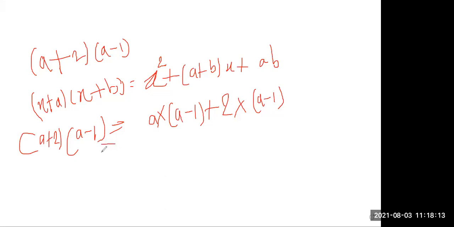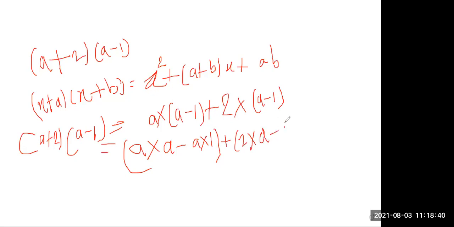Then write it singly. Take a into a, then the minus sign, a into 1. This is the first bracket's multiplication completed. Then plus 2 into the second bracket: 2 into a, and the minus sign as it is, 2 into 1.